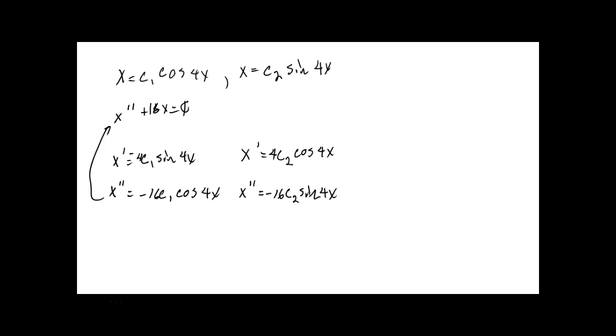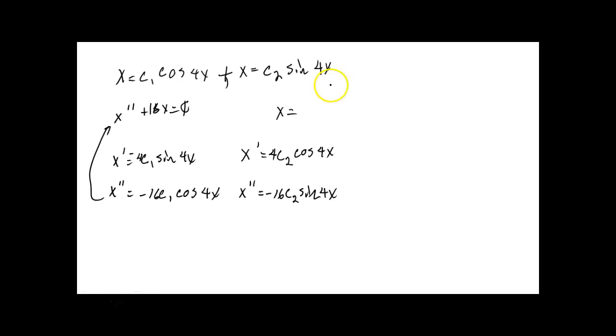I guess the thing they're getting at here is what if you took the sum of these two functions? Not just list them separately, but x equals c1 cosine 4x plus c2 sine 4x.